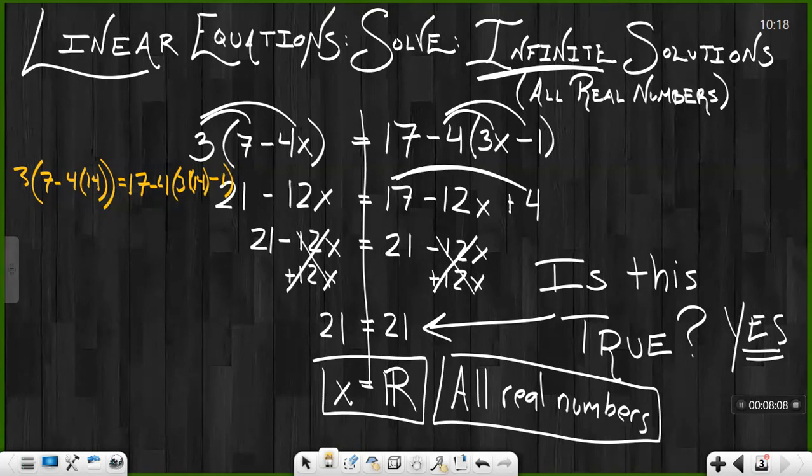Now, I hope you did a different number other than me. Just to verify that any number in the world will make both sides equal to each other, will make this equation true. In this case, I got negative 147 equals negative 147. Now, your value would have given something different. That's fine, but it's still making both sides equal, and that's why this has infinite solutions.